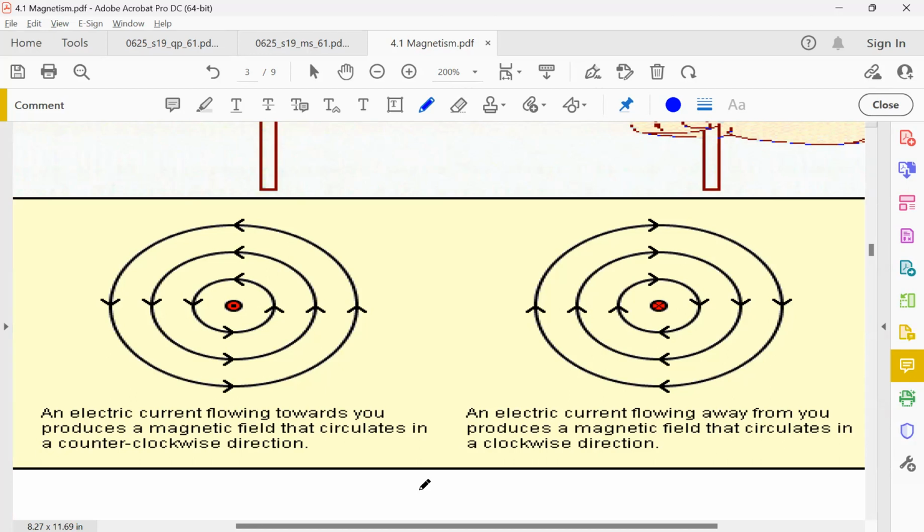But we don't call it the magnetic north, we call it the north direction. If let's say you place a strong magnet, then the compass will be affected by the strong magnet, because the stronger magnet is greater than the magnetic field of the Earth at that point.